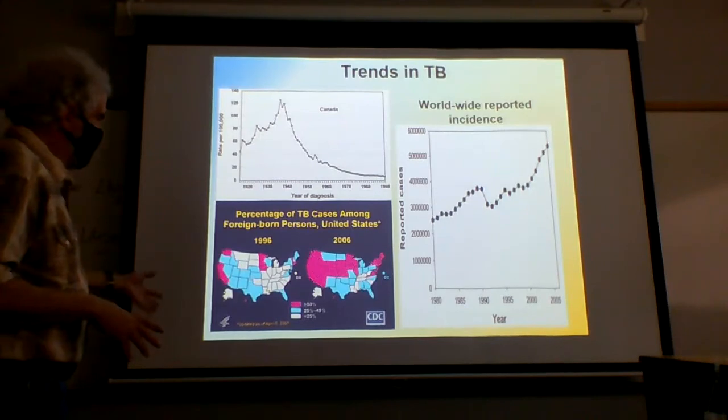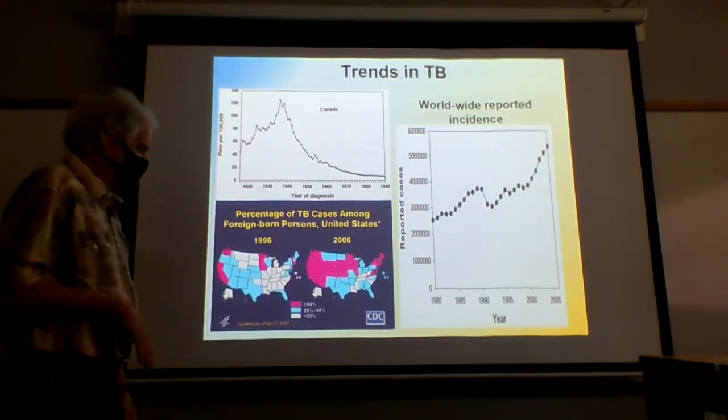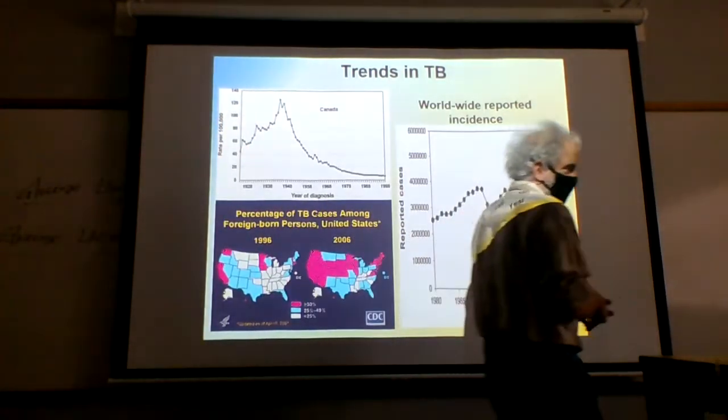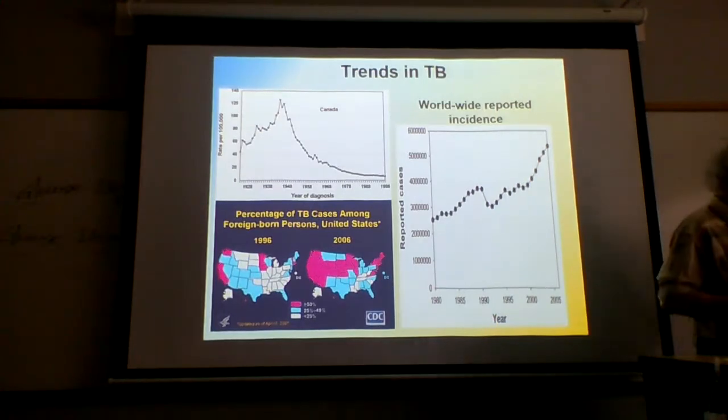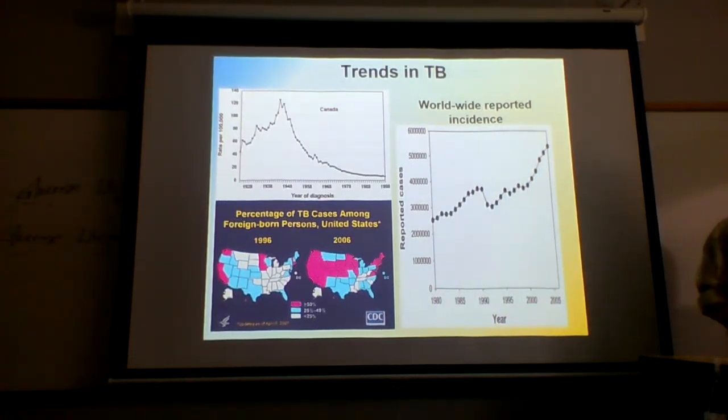We see then that there are a lot of TB cases that are brought in by people from other parts of the world, and so in other parts of the world, particularly in parts of the third world, TB is increasing.